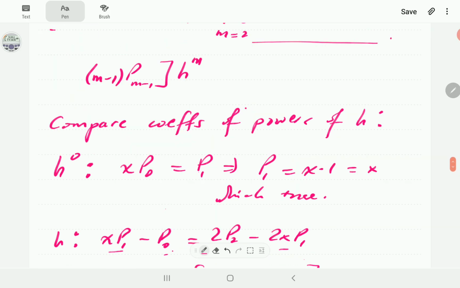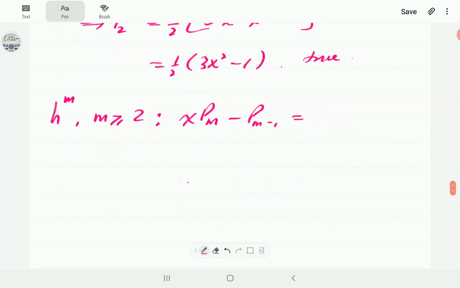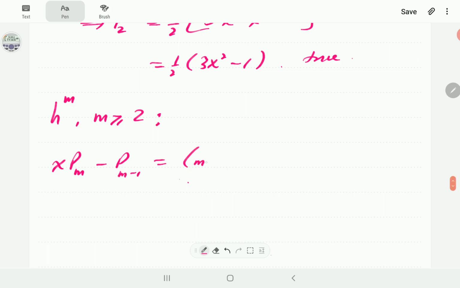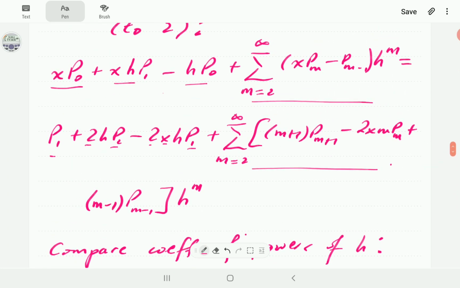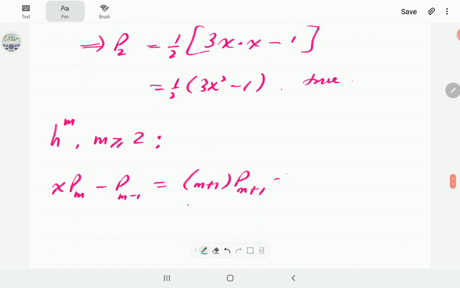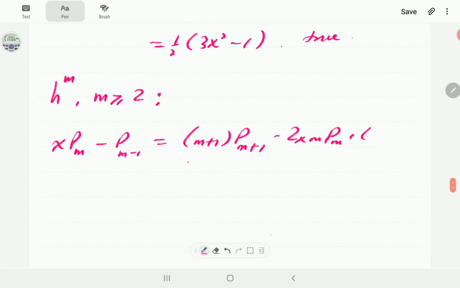On the right hand side, we're going to have (m+1) p_{m+1}, followed by minus 2x m p_m, then plus (m-1) p_{m-1}.